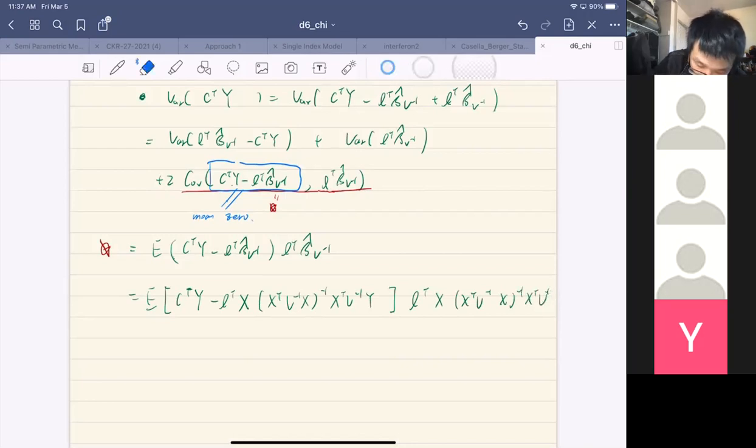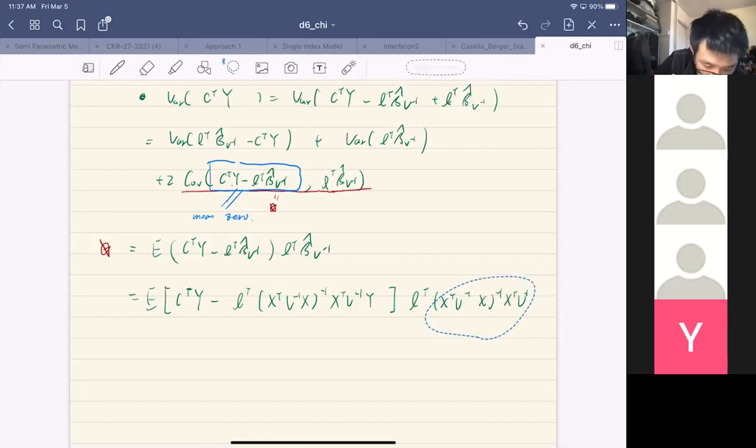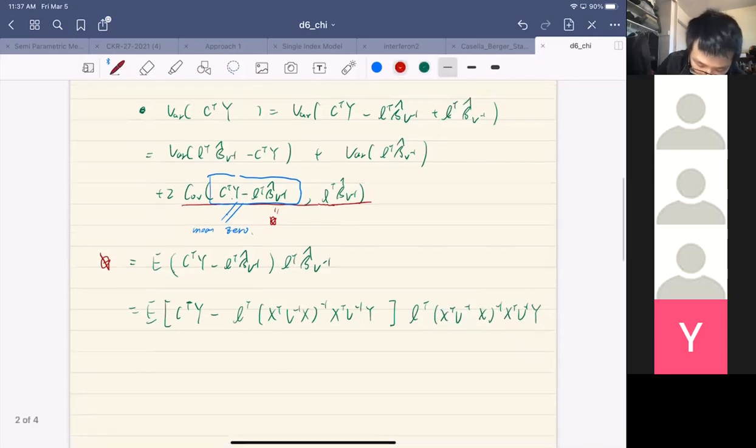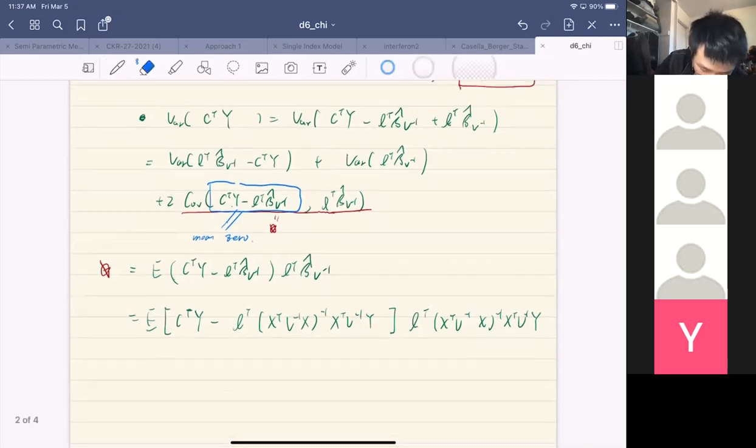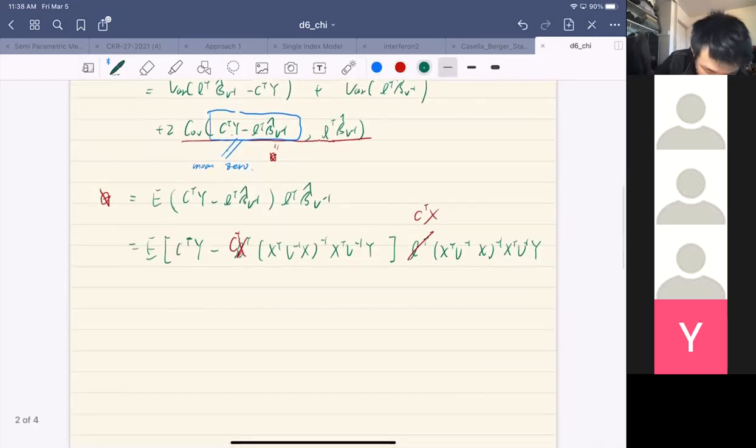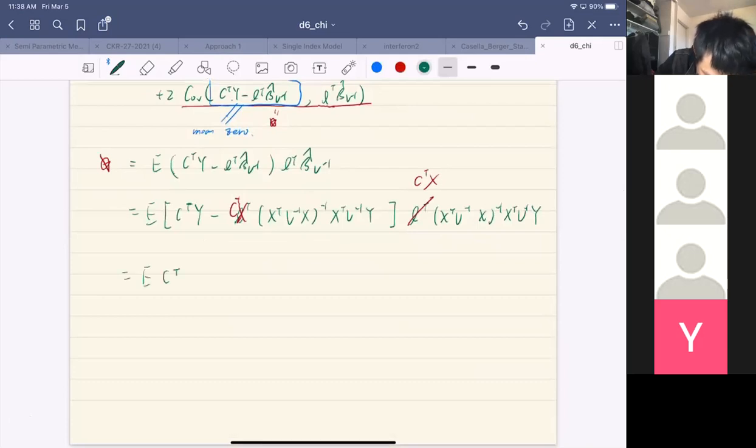Here, sorry, there's no X. L transpose this, and L transpose can be equal to C transpose X. So this can be C transpose X. This is C transpose X. And so the first term will be C transpose Y minus this.